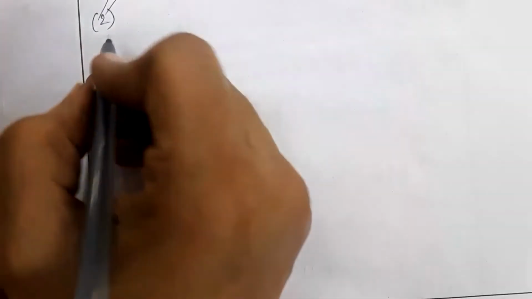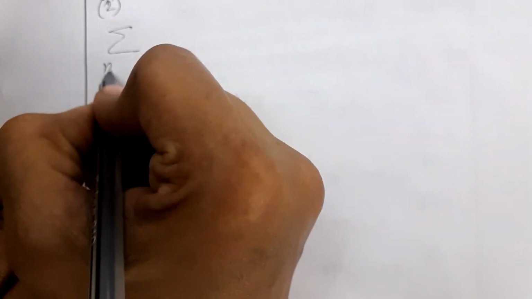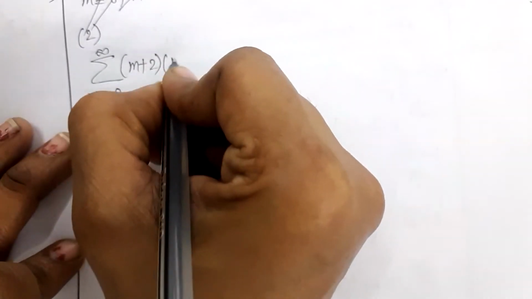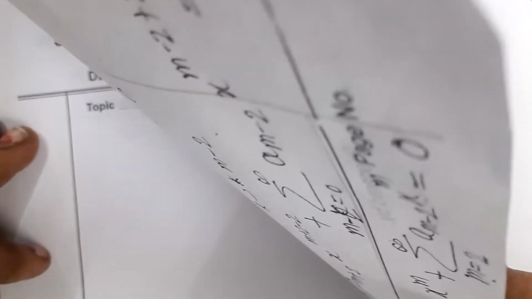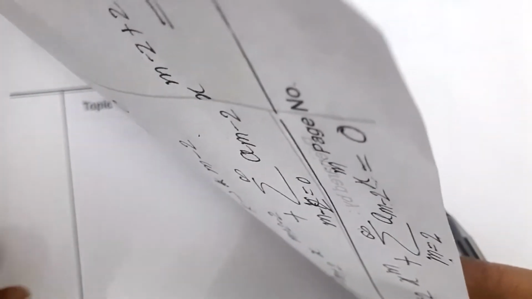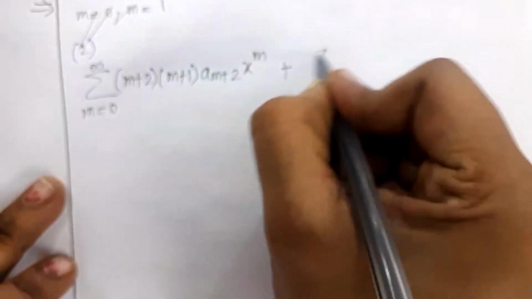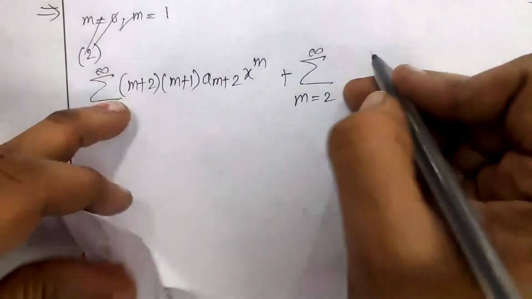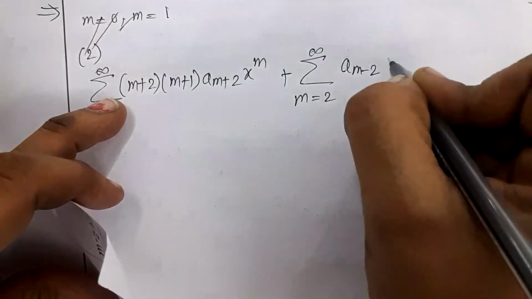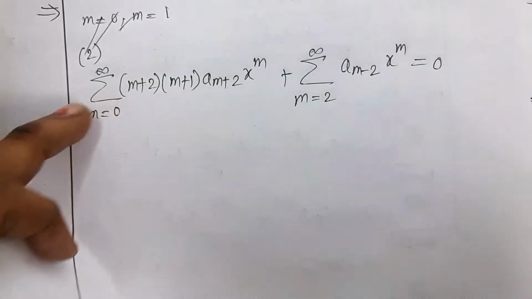So summation m equal to 0 to infinity (m plus 2)(m plus 1) a_(m plus 2) multiplied by x to the power m, plus summation m equal to 2 to infinity a_(m minus 2) x to the power m, it is equal to 0.